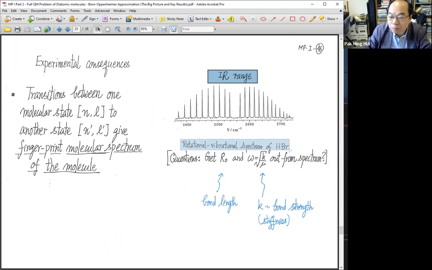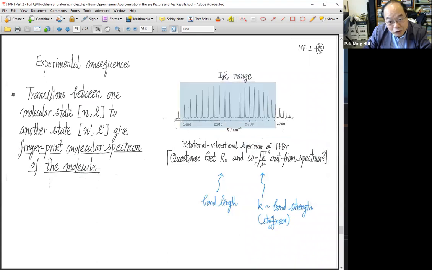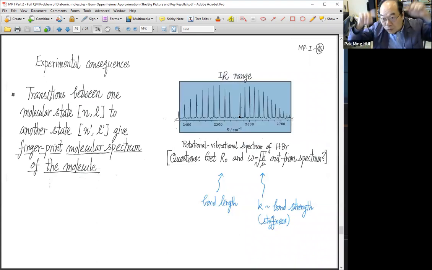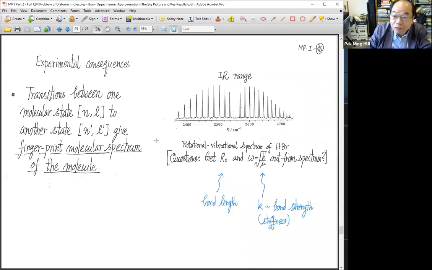This is hydrogen bromide, rather beautiful. Okay, and it is a fingerprint of each molecule. Just like the atomic spectrum is a fingerprint of an atom, we have this even, I think, prettier, more beautiful molecular spectrum for each molecule.